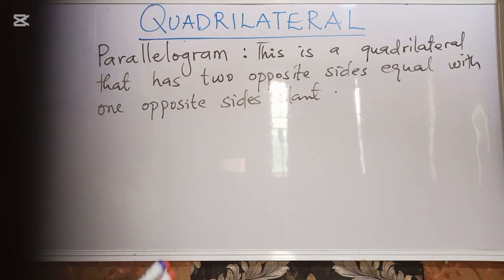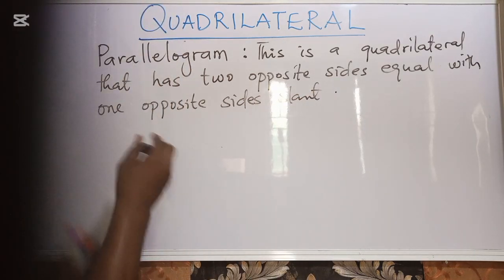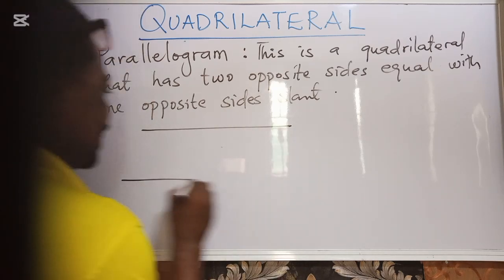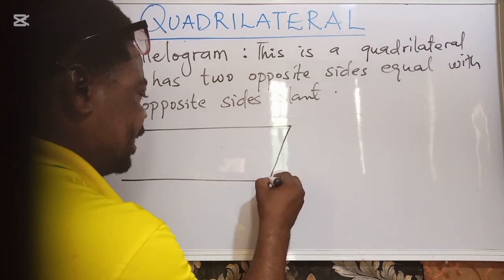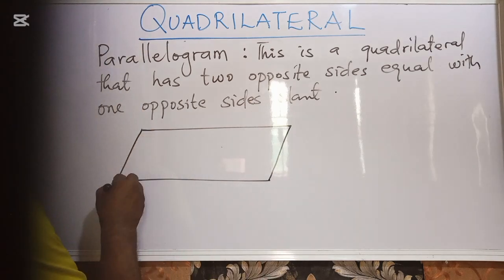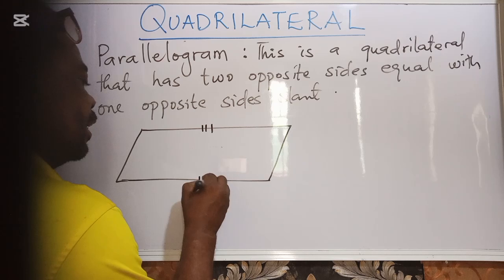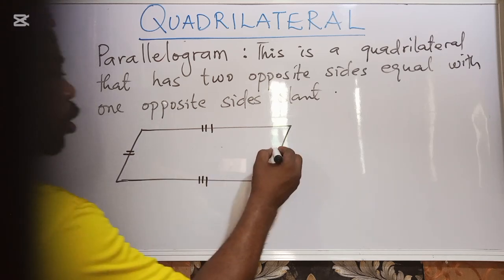All right, just like rhombus. Now look at it. This one can be drawn like this. This side is equal to this side, and this side is equal to this side, but now slant. Look at it. So this side is equal to this side, and this one is equal to this one.